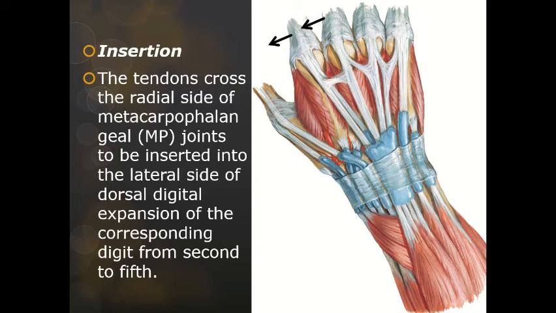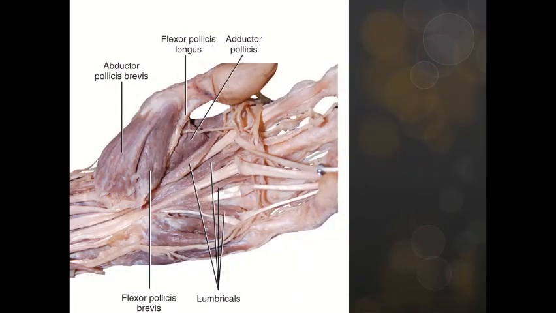The tendons of the lumbricals run laterally, reach the dorsal aspect of the hand, and unite with the extensor tendons to form the dorsal digital expansion. Here you can see the lumbricals, 1, 2, 3, and 4.